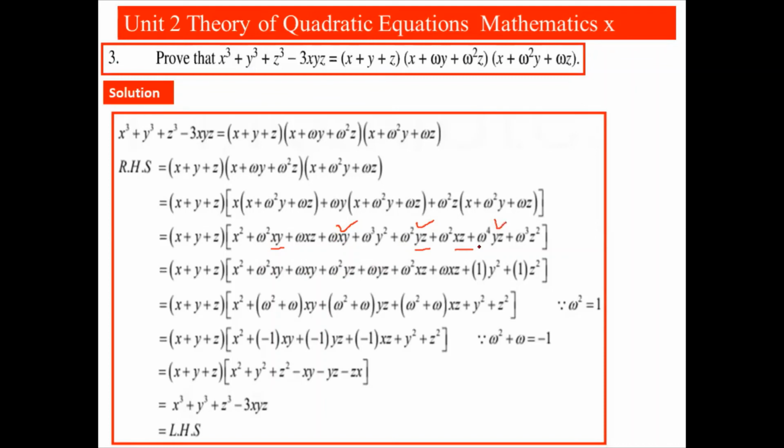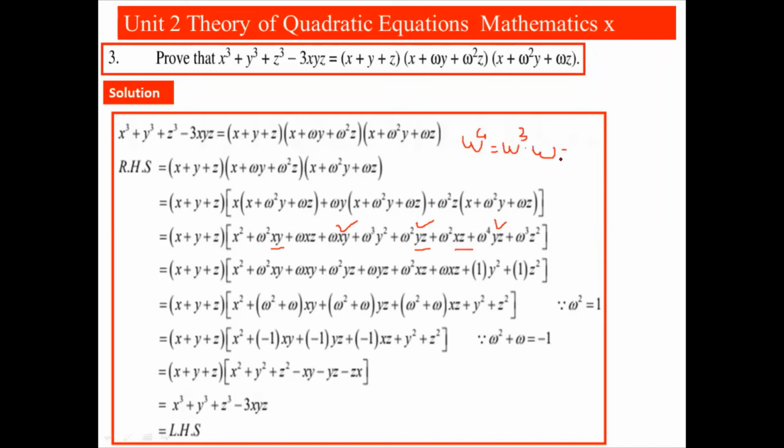This is omega raised to power 4 yz, and just you take this as omega 4. How you can see that omega 4 can be written as omega cube dot omega.